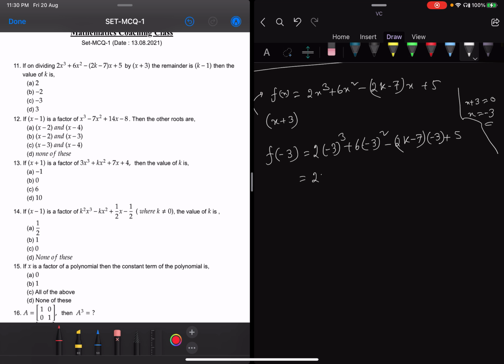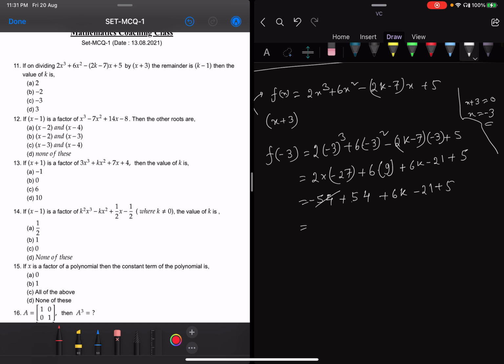It is 2 into minus 27 plus 6 into 9. Why 9? Because minus squared will be plus, minus minus plus. And it is 6k minus 21 plus 6 plus 5, sorry, it is minus 54 plus 54 plus 6k minus 21 plus 5.